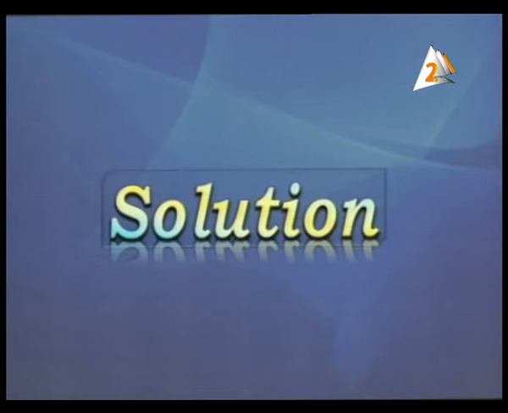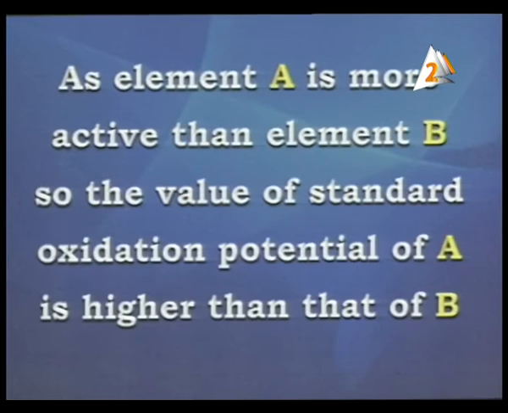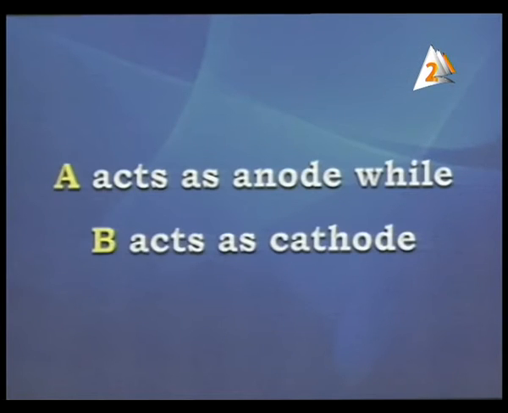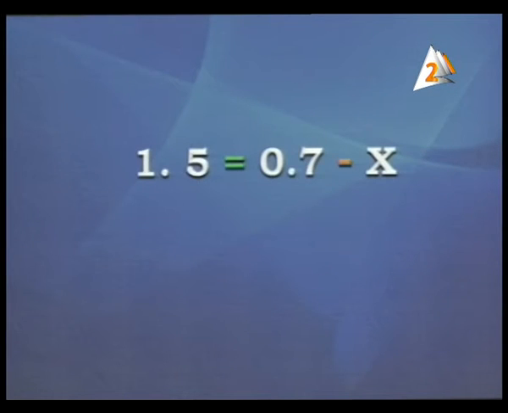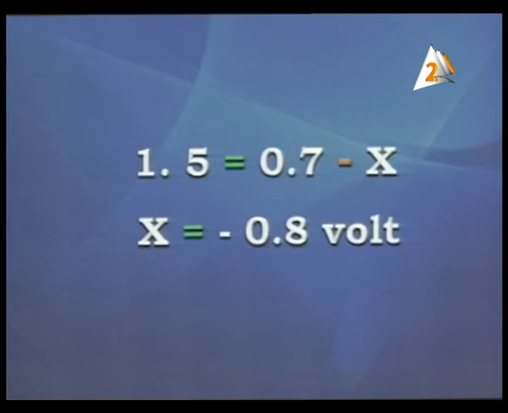Since A is more active than B, the standard oxidation potential of A is higher than that of B. So A acts as anode while B acts as cathode. Then the EMF equals reduction potential of cathode B minus reduction potential of anode A. Then 1.5 equals 0.7 minus X, so X is negative 0.8 volt.